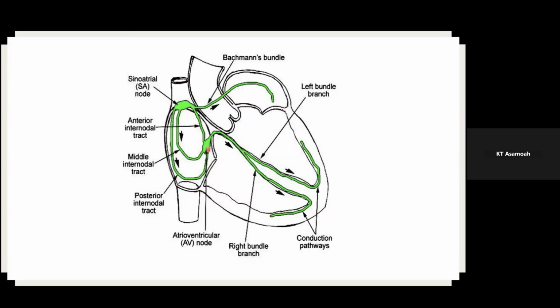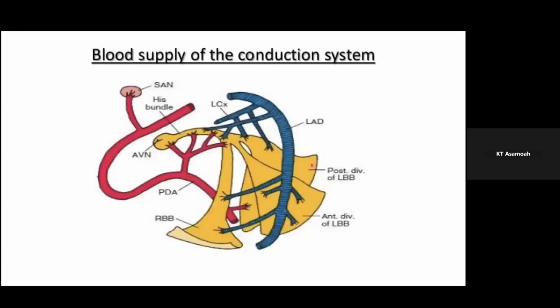Then the impulse moves to the AV node, where there's a physiological delay to allow the ventricle to fill with the blood that has been pumped in the atrial systole. Then it goes to the bundle of His, down to the right bundle and left bundle, and then to the Purkinje fibers. This just shows the perfusion of the conduction system. I'm not really going to spend much time on this.